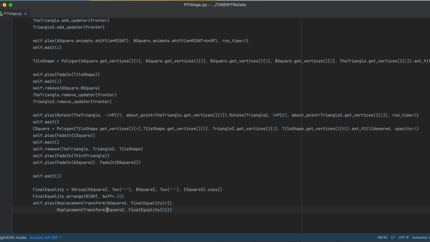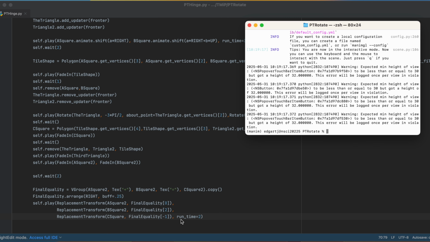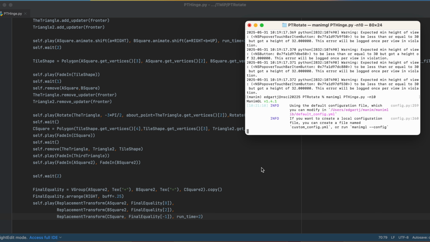So b squared 2 ends up being 0, 1, the object number 2 in the group. And then c square, which is not c squared 2, but just c square, that ends up being the last object. You can count or you can just use -1. Runtime equals 2. And so we'll go to like maybe animation 10 here.